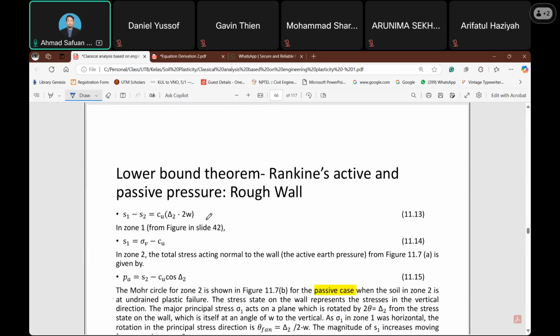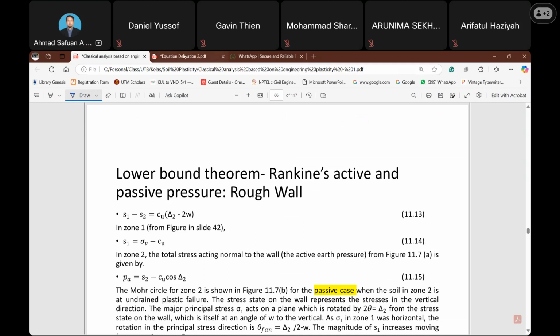So in zone 1, S1 is equal to sigma b minus Cu. So in zone 2, the total stress acting normal to the wall from figure 11.7a is given by EA is equal to S2 minus Cu cos delta 2.